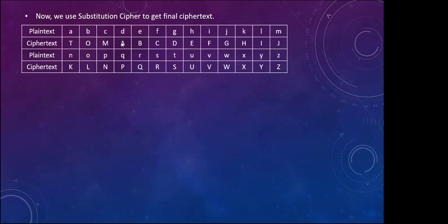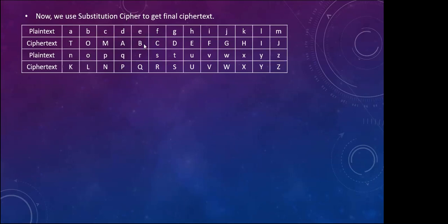Those are already used to replace A and B, so those are skipped. So only this many letters are there. We will first write those letters according to their appearance in the keyword, to replace the initial alphabets, and then we will continue with the remaining alphabets.